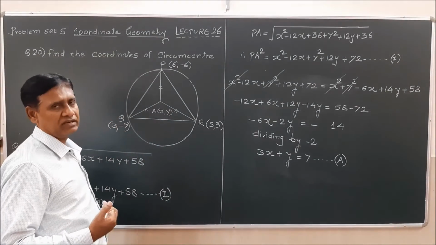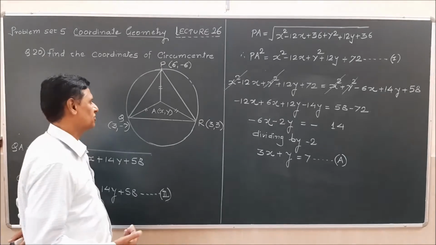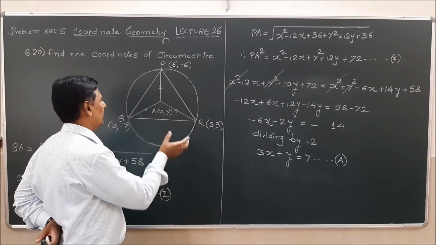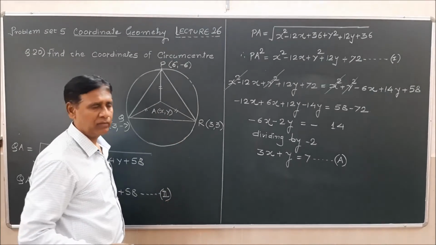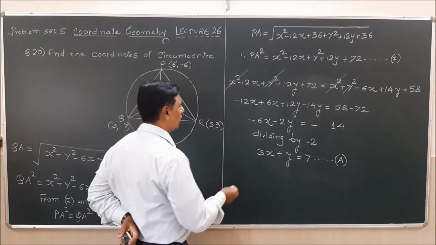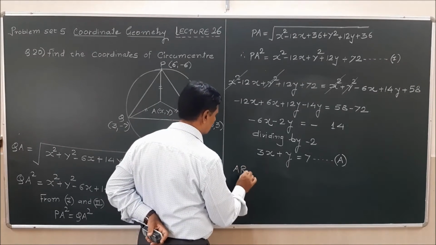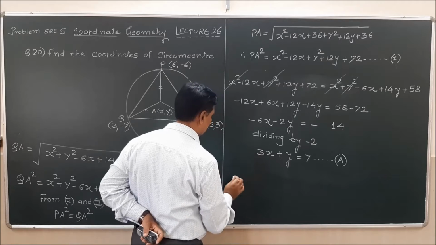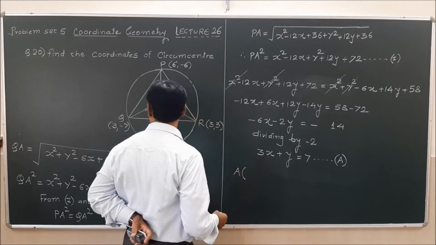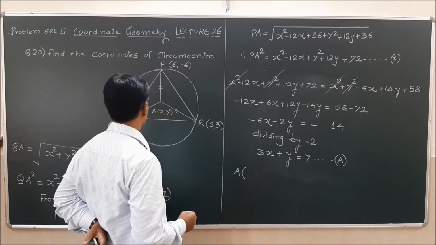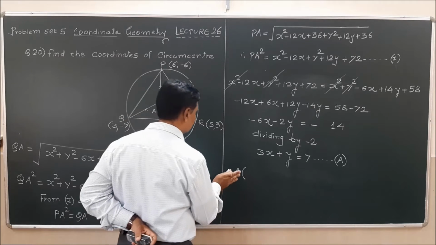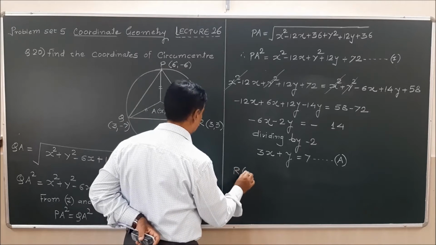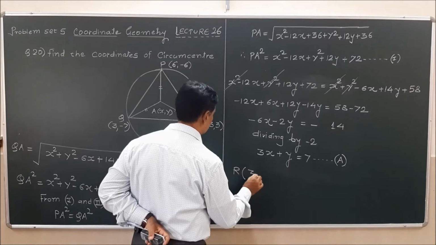Now our aim is to get one more simultaneous equation. Now I am going to find out AR. But for that, first I label the coordinates of A, x, y, and coordinates of R, 3, 3.